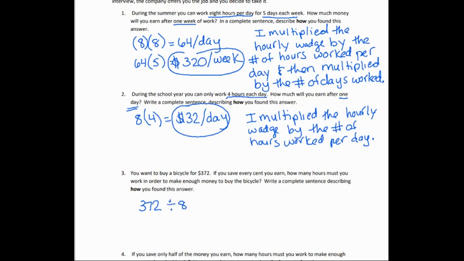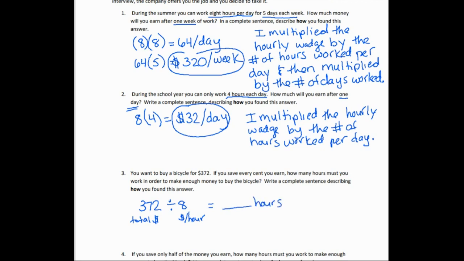This is because this is the total money, and this is the money earned per hour. So total money, I'm just putting labels under it, divided by the money per day. Sorry, money per hour. I apologize. Let me fix that. Money per hour will tell us how many hours we'll need to work.